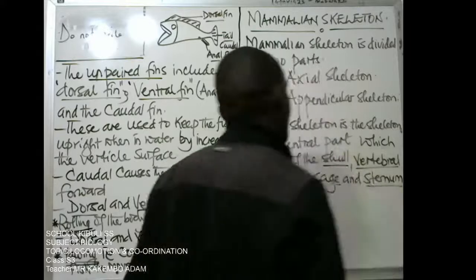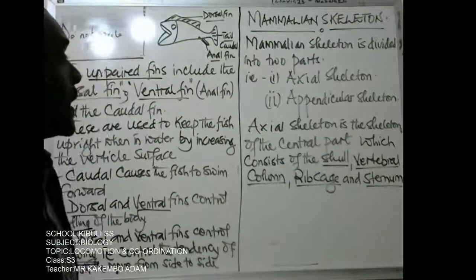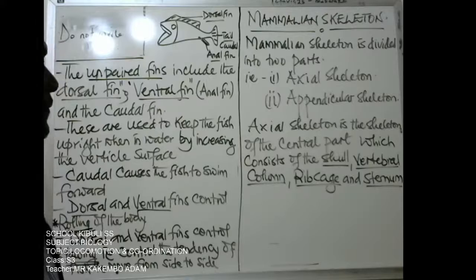So those are the main parts of the exoskeleton: the skull, vertebral column, rib cage, and the sternum.